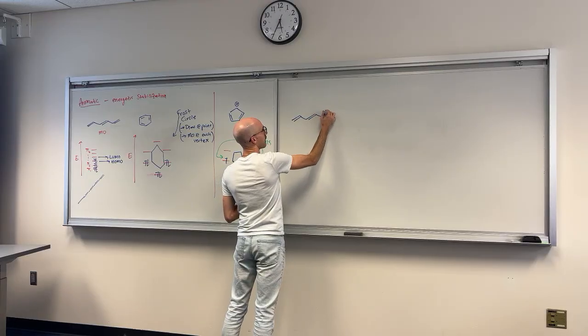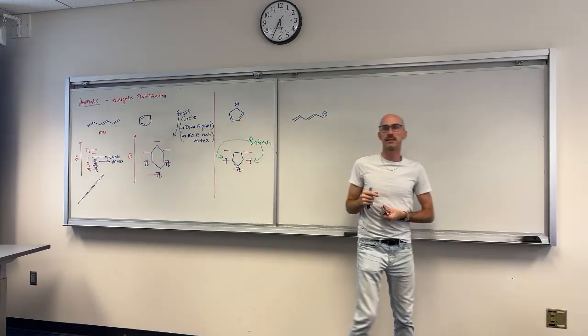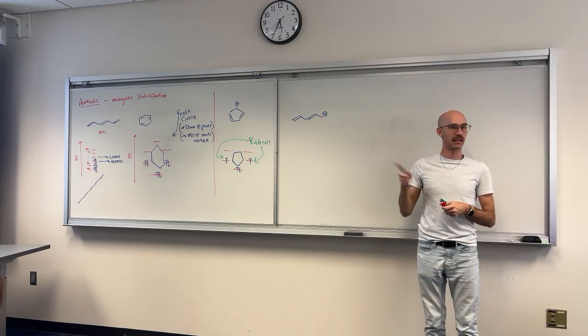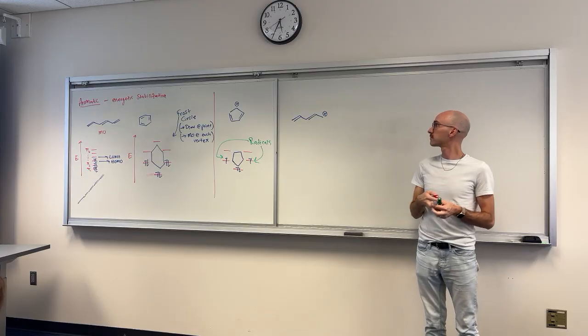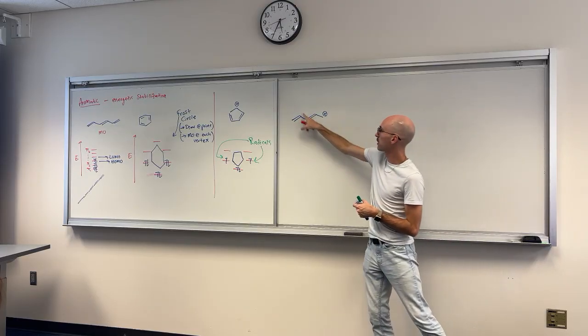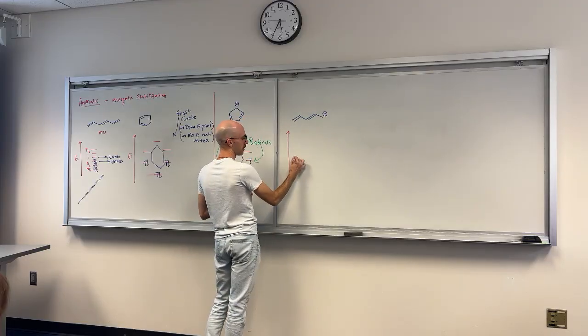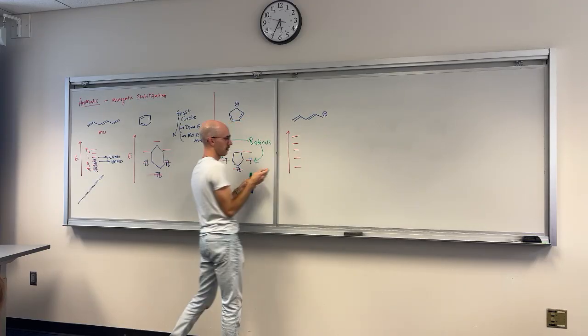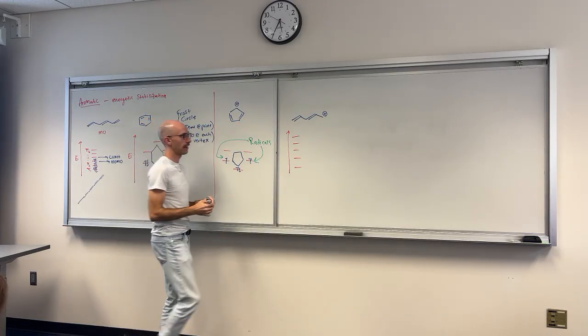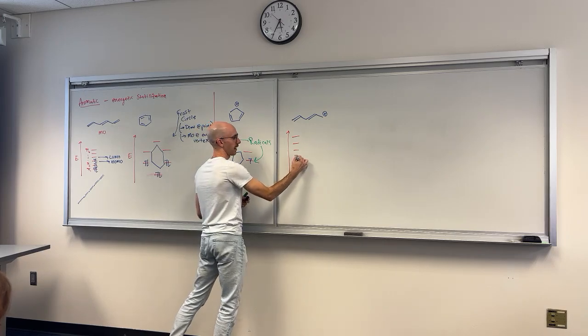And maybe I can prove that for you by drawing not just pentadiene, but pentadienyl cation. 1, 2, 3, 4, 5 atoms, 5 molecular orbitals that fill with 2 pi electrons.